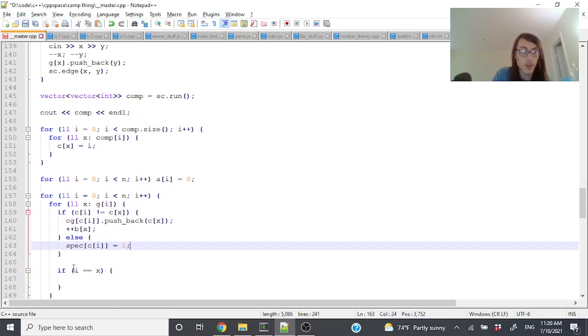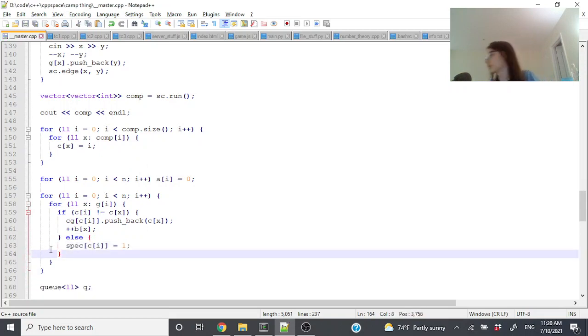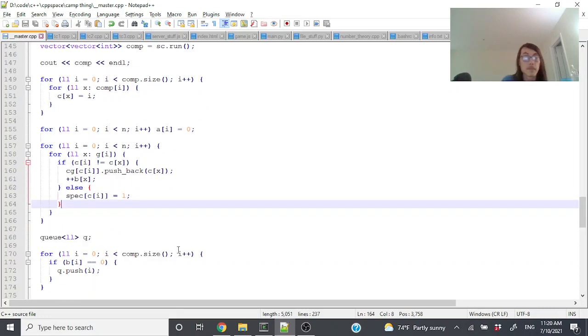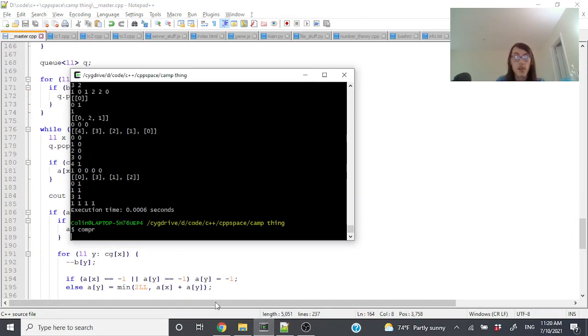This shouldn't hurt. If we have any amount of edges in SCC, then it means we're fine. Yeah. So for each thing, if ci is not equal to cx, then ow. Okay.